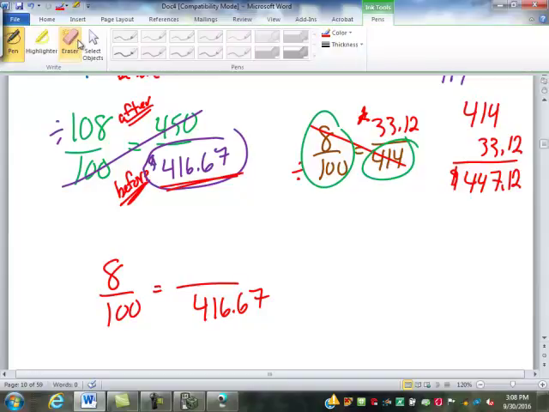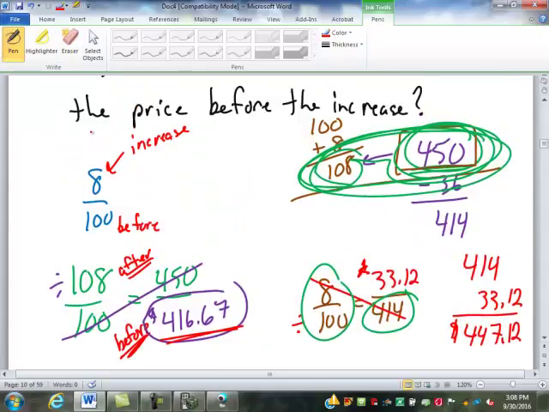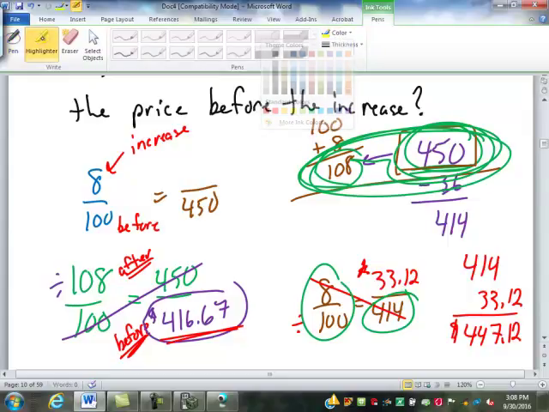When you calculated it and got that $414 in your first calculation, you matched up 450 with the 100, right? When we double checked it, we matched up 414 with the 100. We were matching up different numbers with the 100%, the whole amount, when we were calculating compared to when we were checking.